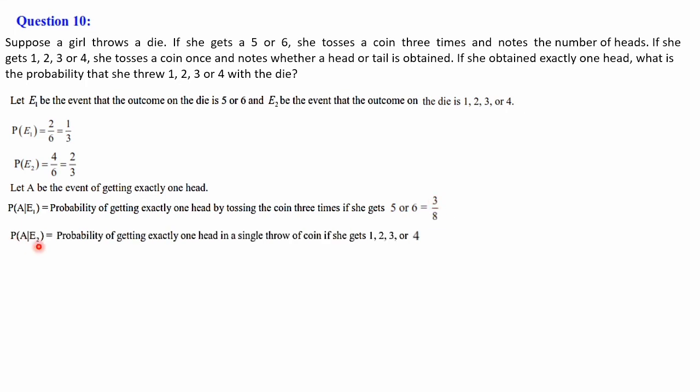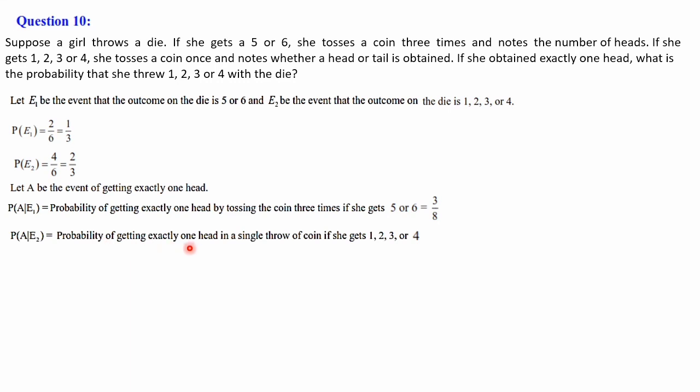Next is probability of A given E2. A given E2 means she is getting exactly 1 head from the second event, when she is getting 1, 2, 3 or 4. While getting 1, 2, 3 or 4 from the die, she tosses a coin only once and notes whether a head or tail is obtained. Previously she was throwing the coin 3 times.